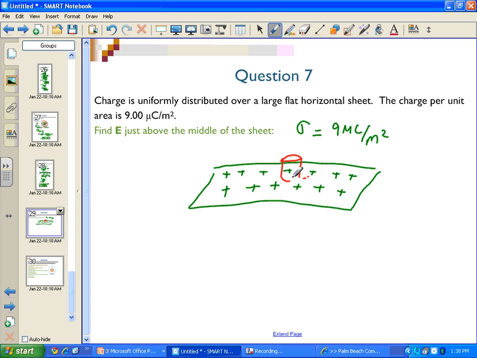Of course, the cylinder would make a cross section as it cuts through, and there would be charge inside, and then it would come out the back, so there would be a top and a bottom and curved edges that we have to take into account for the surface area of our Gaussian surface.